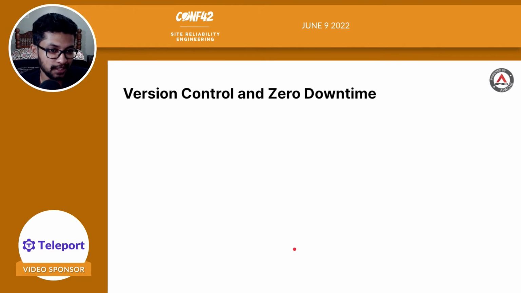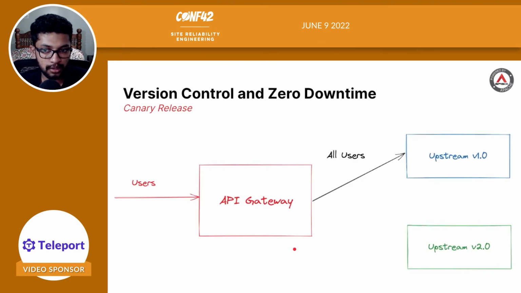When you are releasing a new version of your API, how do you do that? There is a release strategy called canary release. With an API gateway, it can direct all of your traffic to an upstream. An upstream here represents all of your backend or your services.